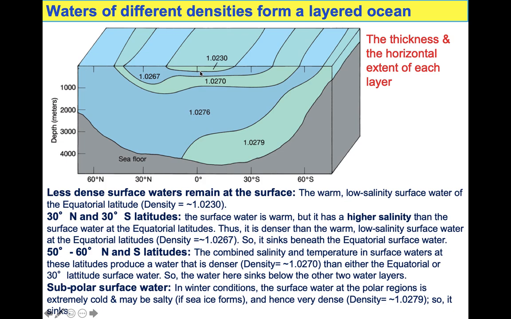So we're looking at a block diagram here, and from left to right we go from 60 degrees north latitude towards 60 degrees south latitude. So this is a north-south latitude in any given ocean. And on the left-hand side we're looking at the depths in meters, sea level 0, and then 1,000 meters, and increasing down to over 4,000 meters here.